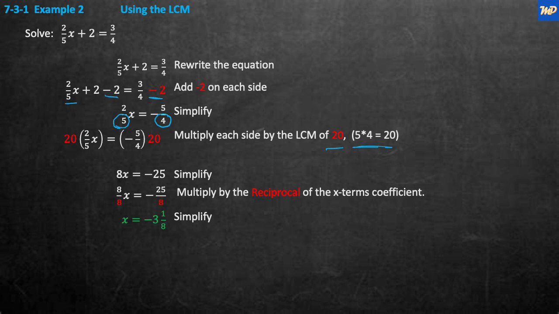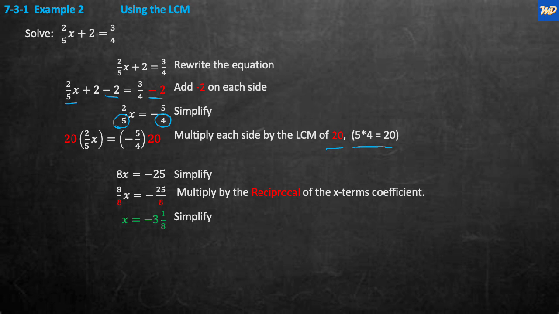So 20 times 2/5 x is equal to minus 5/4 times 20. And if you carry out the simplification, 20 times 2 is 40, divided by 5 is 8. So it's 8x on this side. And on this side, it's negative. 5 times 20 is 100, and 100 divided by 4 is 25. So 8x is equal to minus 25. Now we have to get rid of the 8. You have to get rid of the coefficient of the variable term to make it 1.